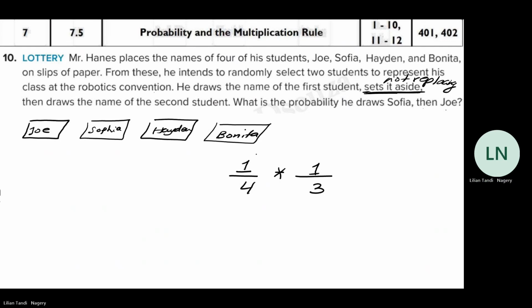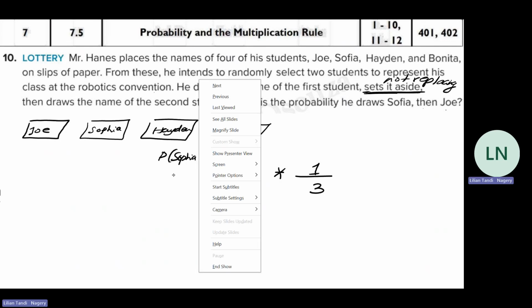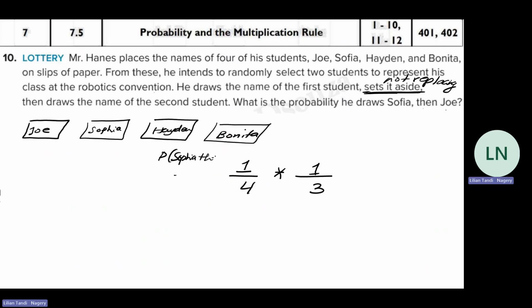So now let us write this correctly. Probability of Sophia, then Joe, is probability of Sophia times probability of Joe.